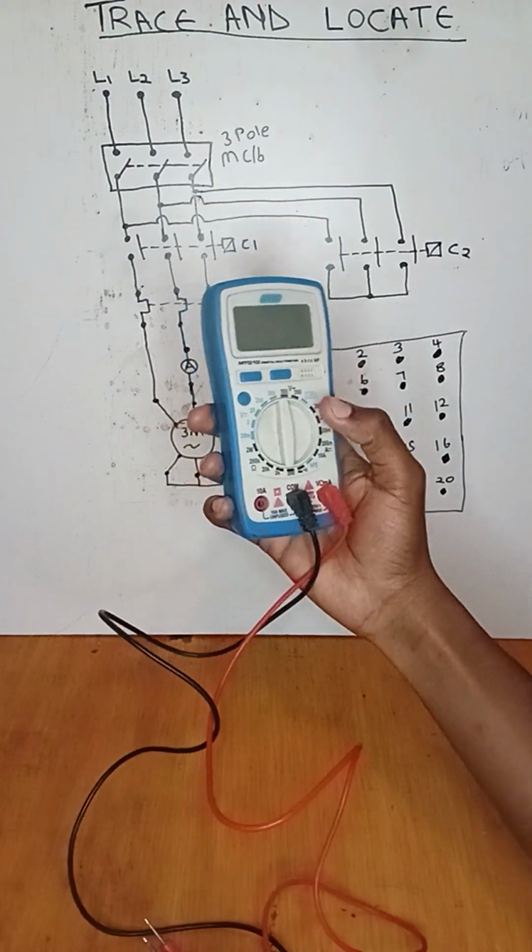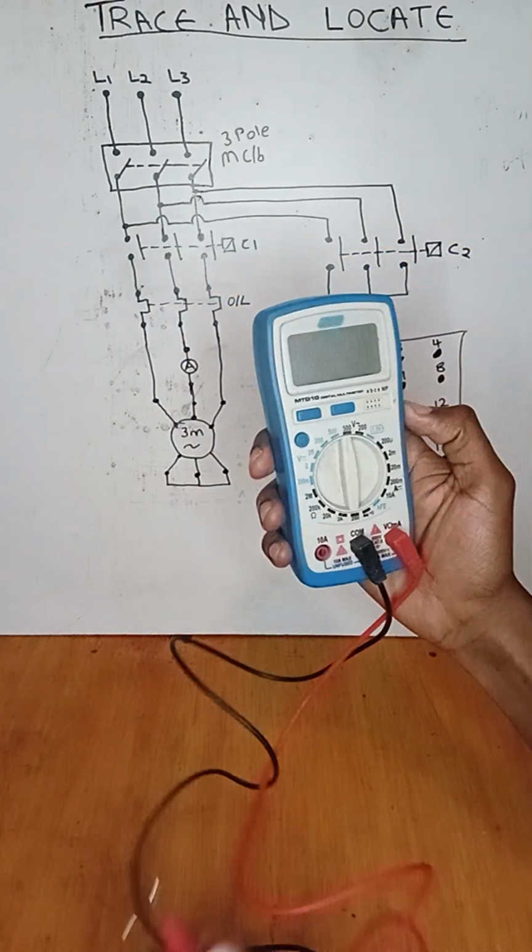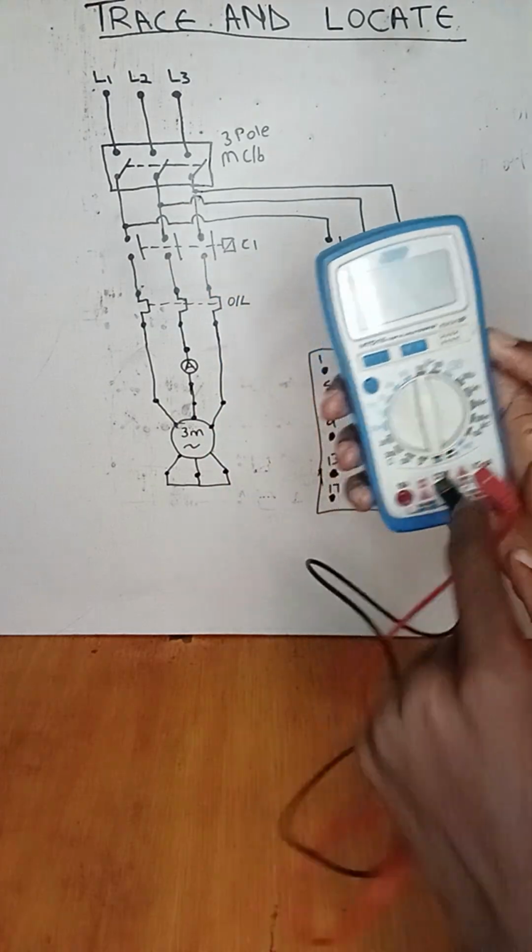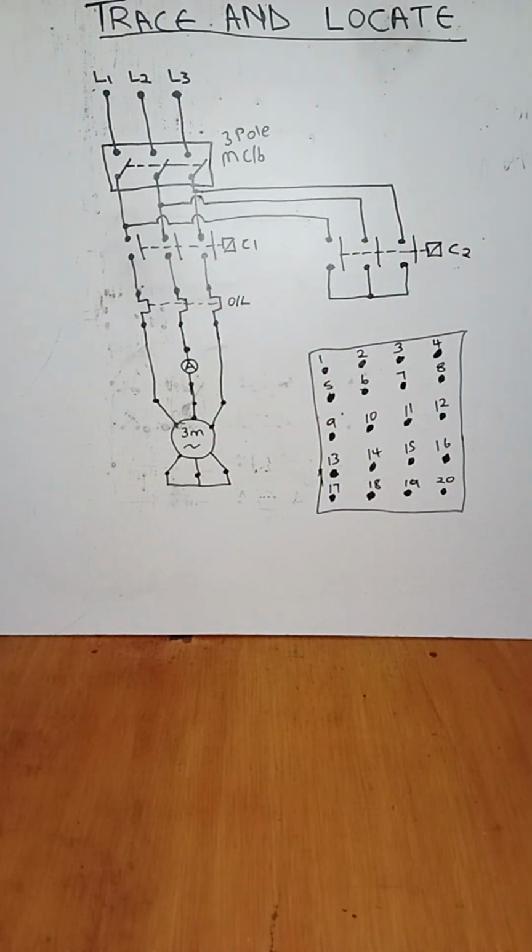Here's my multimeter. From your scale, you'll put it in continuity test. So we will draw the symbol of continuity test.